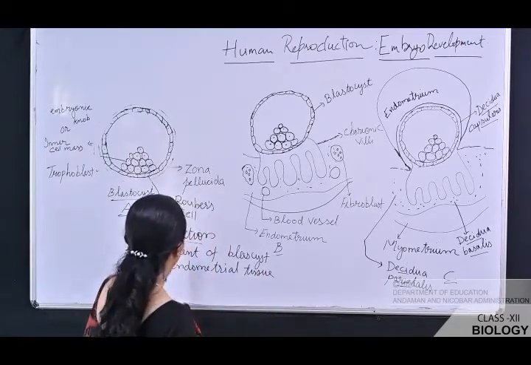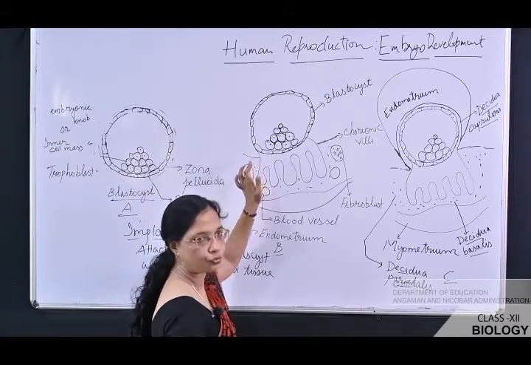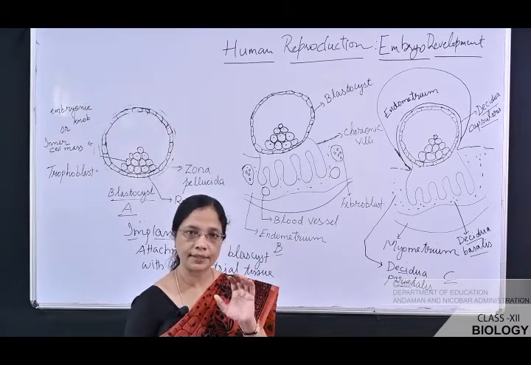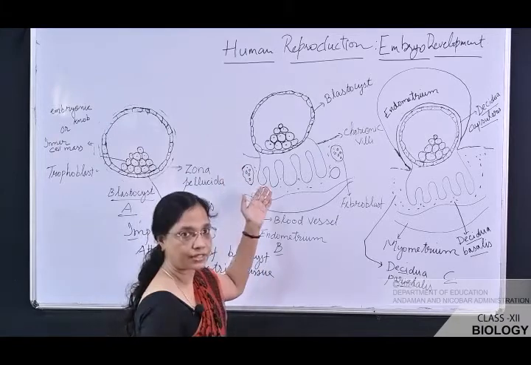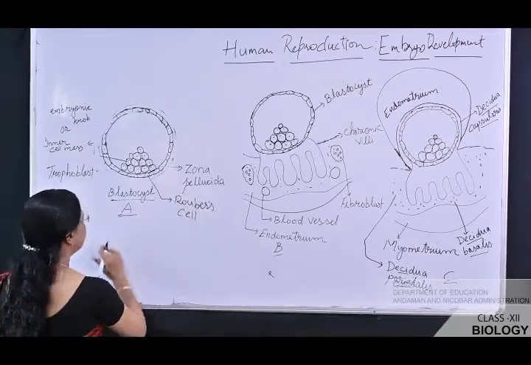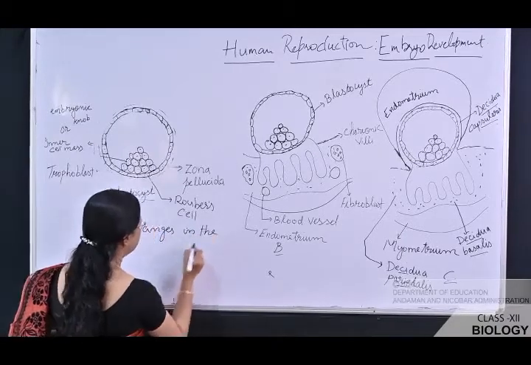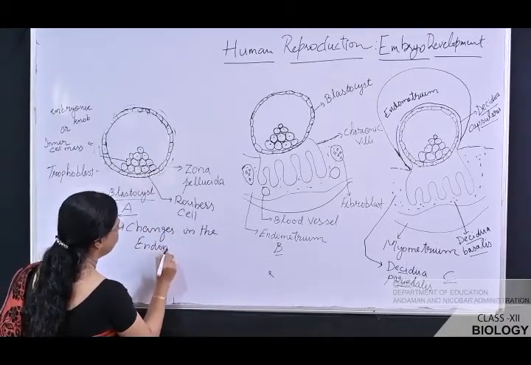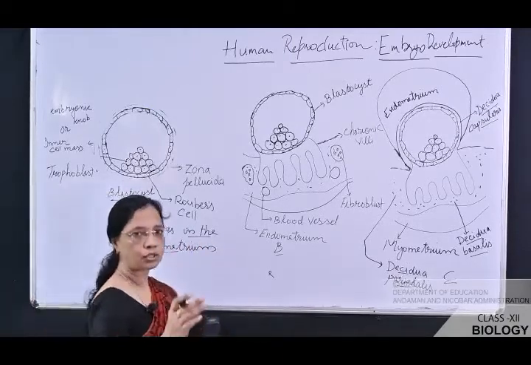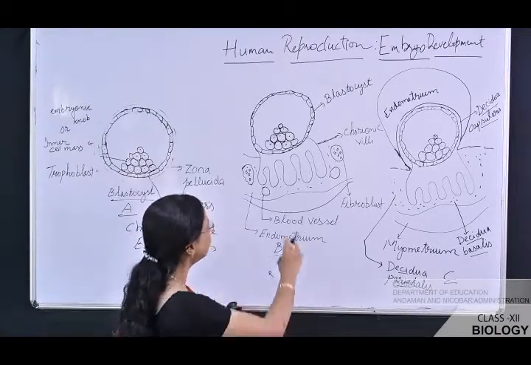Okay. So what happens during implantation? As soon as it attaches with the endometrial tissues, the endometrial tissues show certain changes in their characteristic features. So let us see what are the changes which happen in the endometrium. As soon as the blastocyst attaches with the endometrium, changes take place.